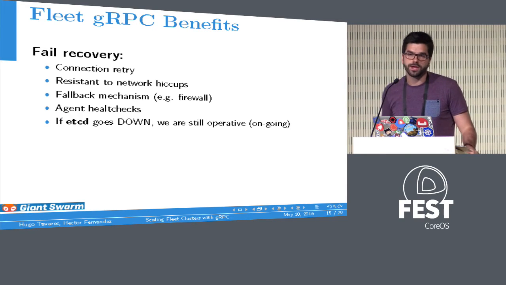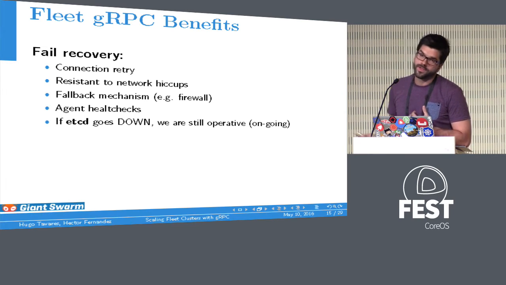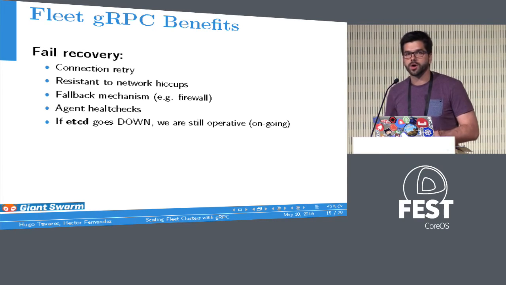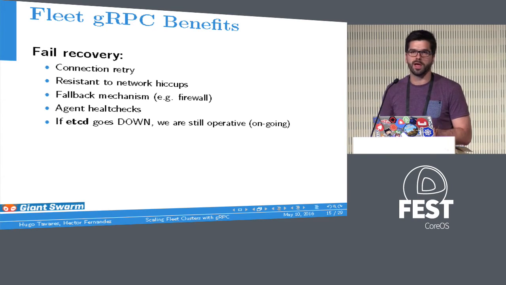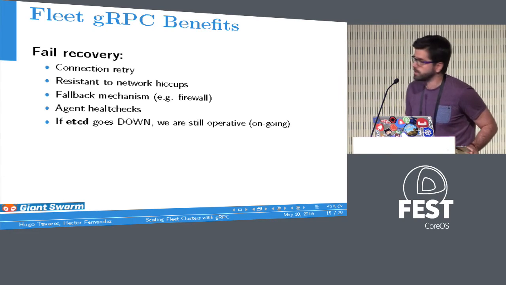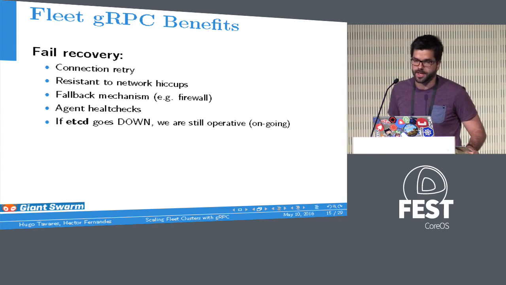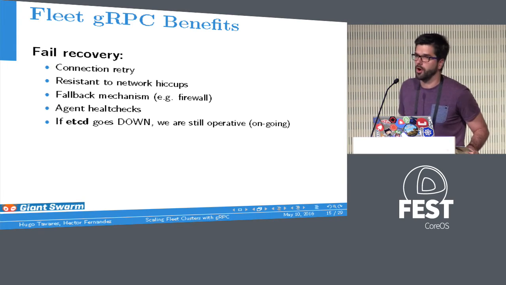We also added agent health checks to really know what is going on, if everything is going well. I was testing this yesterday. I wanted to show a demo, saying, okay, if etcd goes down in that agent, we can keep working as normal. But I found a bug, and I said, okay, let's keep a note: ongoing work.